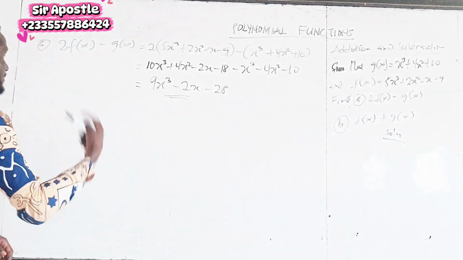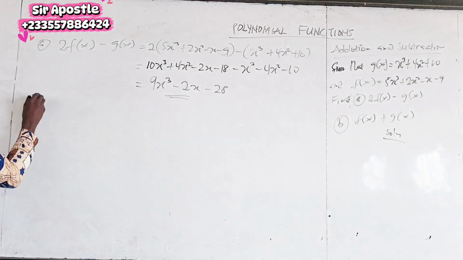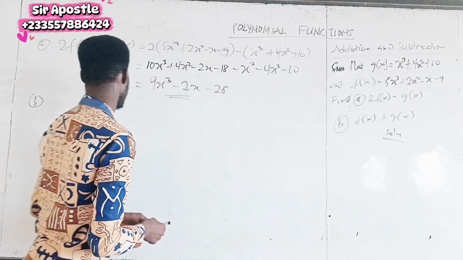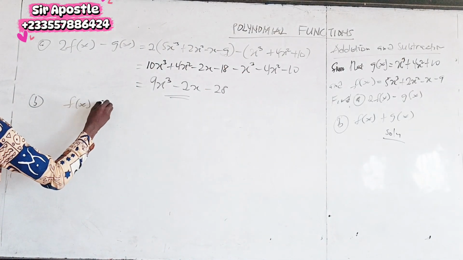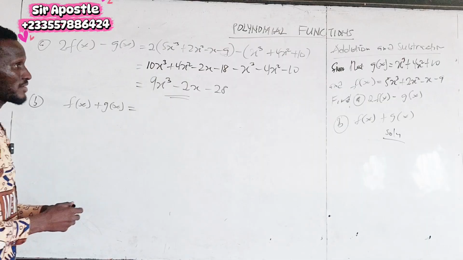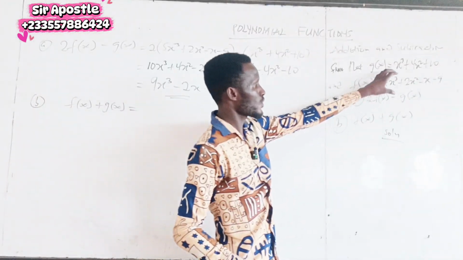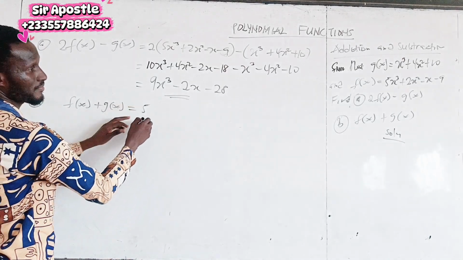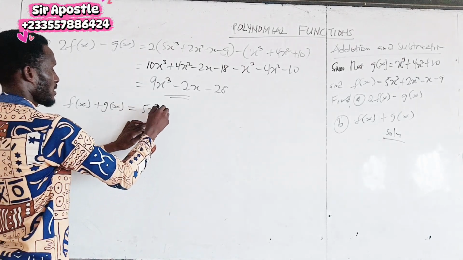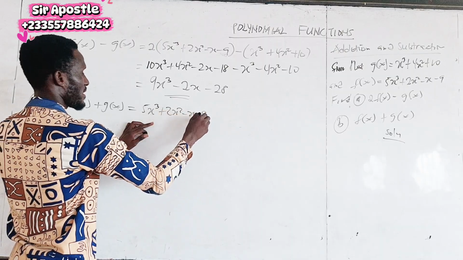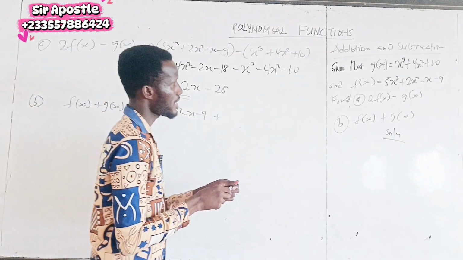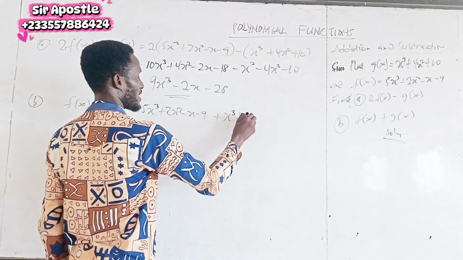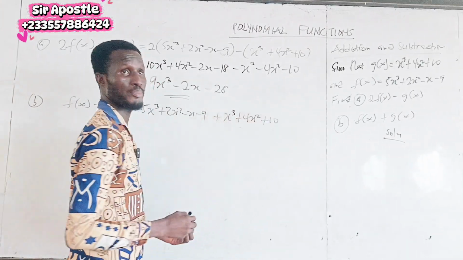Now let's look at another one. The b, we are looking for f of x plus g of x. What is f of x? f of x is the whole of this one, g of x is the whole of this one. I'm going to add them. So f of x is 5x exponent 3 plus 2x squared minus x minus 9, plus g of x, which is x exponent 3 plus 4x squared plus 10.